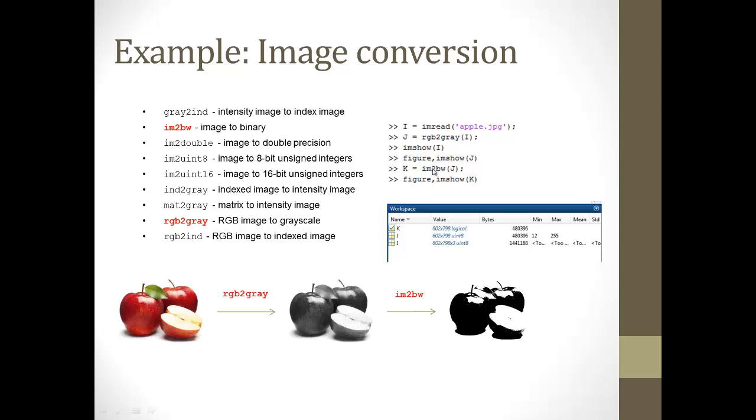See here, K equals im2bw of J. After that, you get K. Here K is a logical value, that means the value is 0 or 1. Then you can also show K here, and you find just two values, one is 0, one is 1.